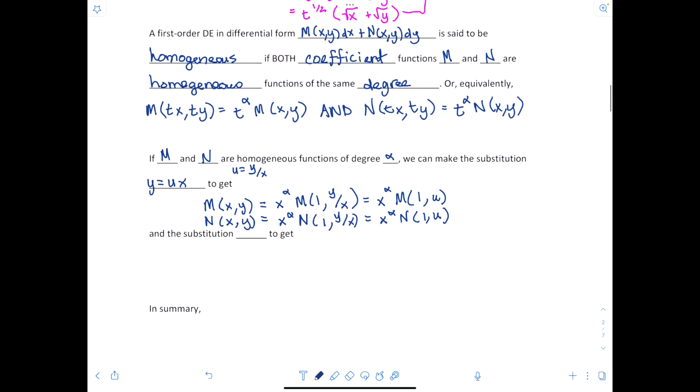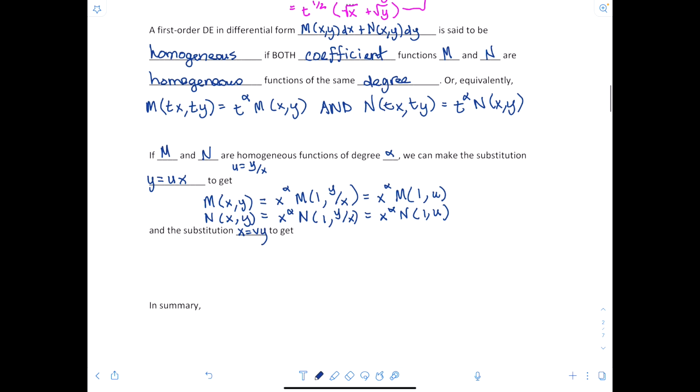Now, if that substitution didn't work, what you would do is try x equals v times y. So then isolating v, you would have x over y. So we would end up with M at x and y equal to y to the alpha times M at x over y, comma 1. But x over y, of course, is v.